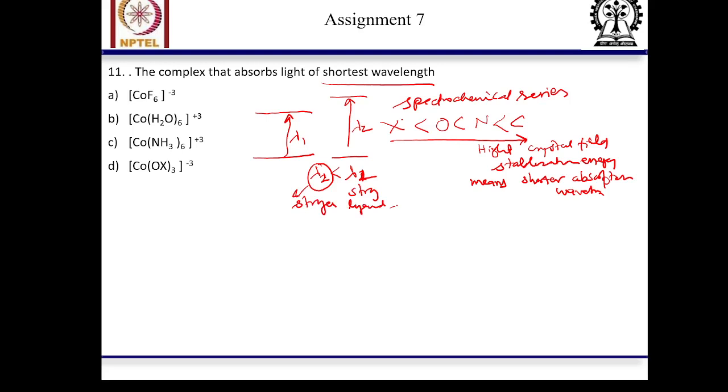So here we can see that this is F donor, this is O donor, this is N donor, this is C donor. So the correct answer is Co(NH3)6 3+.